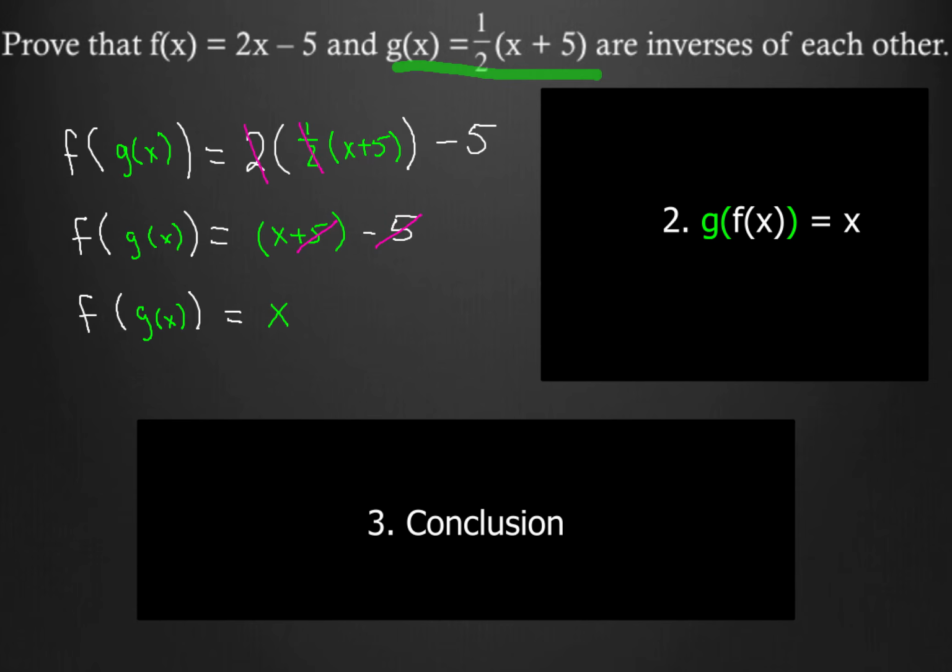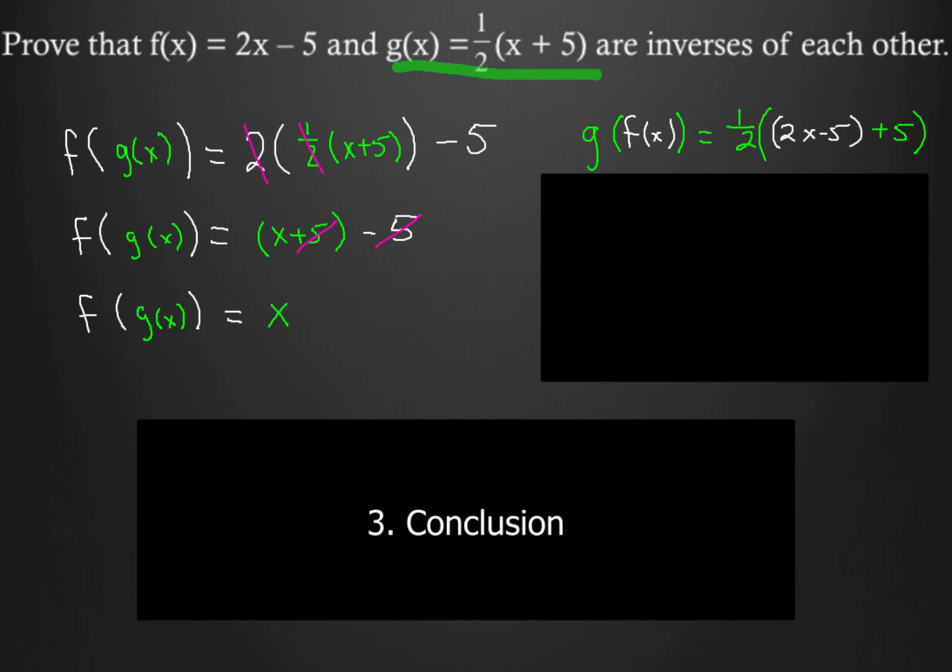So that part held. So now we're going to go on to our second step, where we show that g of f of x equals x. Now this will start out in the same fashion, just making a simple substitution. We're going to take f of x, and anywhere there's an x in the g of x function, we're going to make that substitution. Now this is where I always caution students, be super careful about parentheses, because when we substitute into 2x minus 5, put all of that in parentheses, and then you'll kind of see some things that go on.